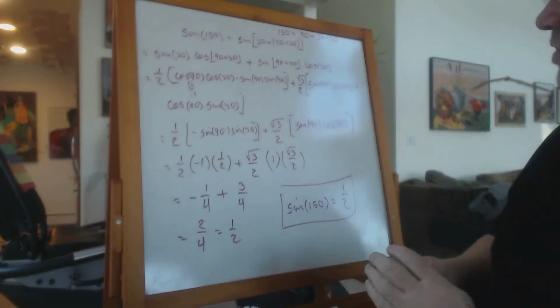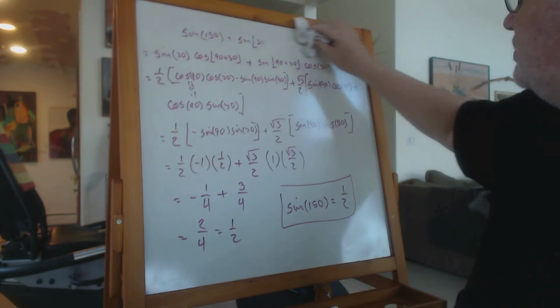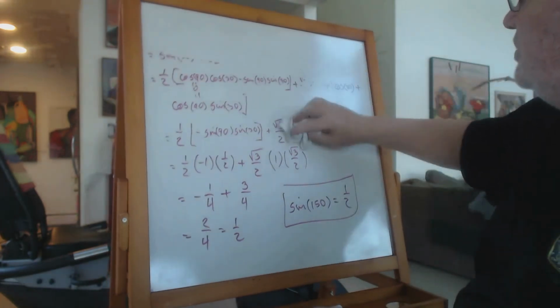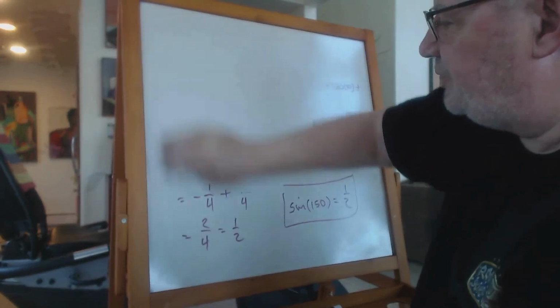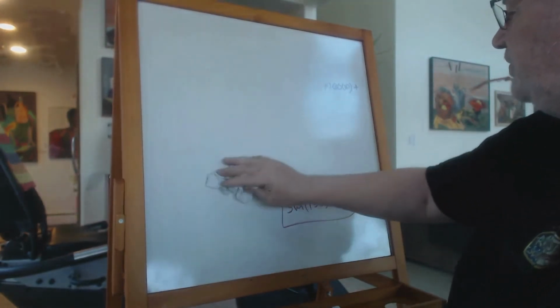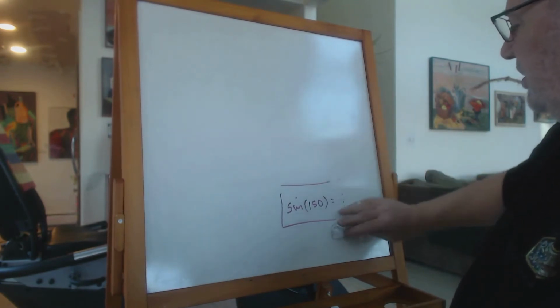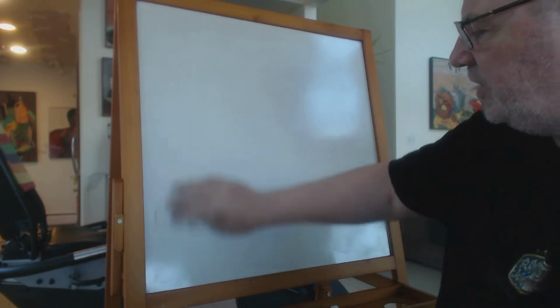Sometimes it makes things easier, sometimes it makes it harder, but you get the right answer if you're careful and you watch your terms. And it's all by definition. It's all going back to the rudimentary definitions of what sine and cosine means.